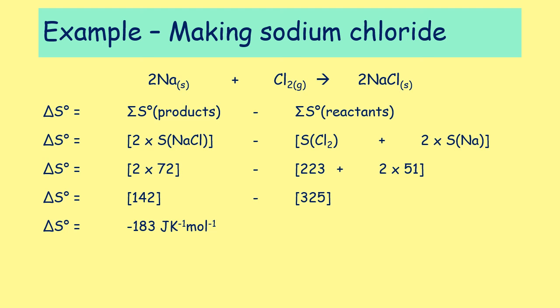Now, the laws of thermodynamics state that entropy must always increase, but remember that is for a reaction and its surroundings. So you can have a reaction that has a decrease in entropy. That's absolutely fine. All that means is that the surroundings must be experiencing an increase in entropy.